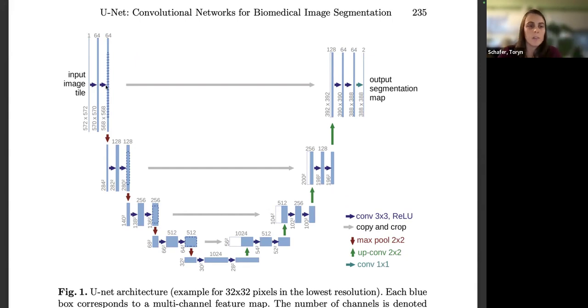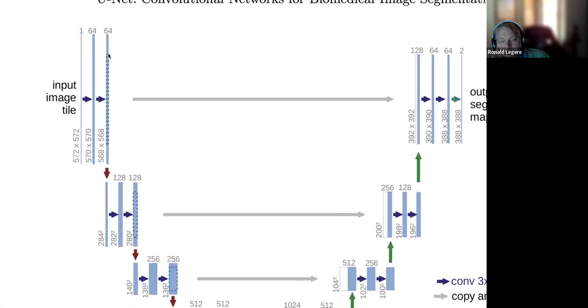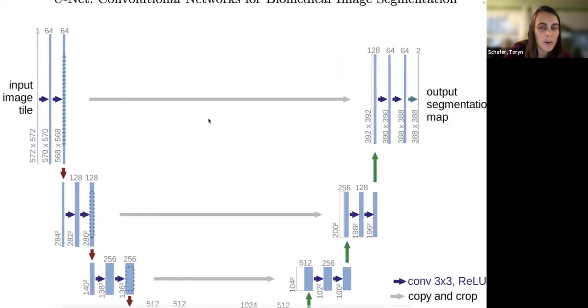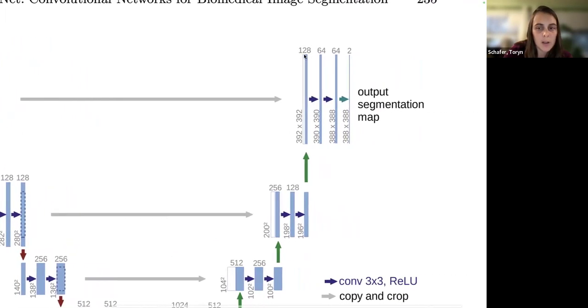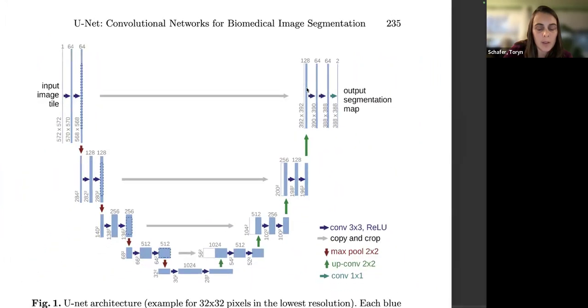Along the U it's basically the same idea. We have some convolution layers, max pooling in red, convolution, max pooling to go down, and then convolution and upsampling to go up, to help our model not forget what the input image is. These dashed rectangles follow this gray arrow and get copied, concatenated in the upsampling side.